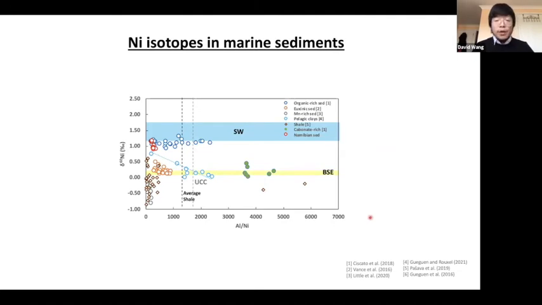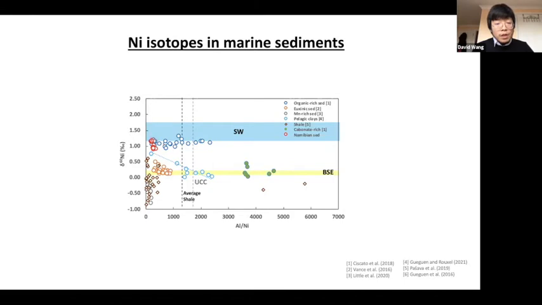If we compare our data set with previously published values, you can see the nickel isotopes in our sediments agree well with other organic-rich sediments from the Peruvian region, from Ciscado in 2018.